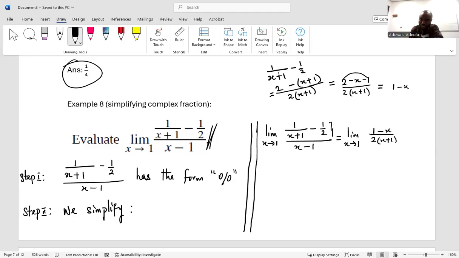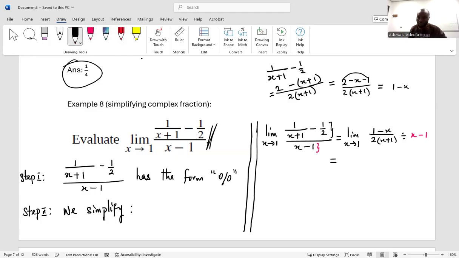That is for this part. Now, this is divided by x minus 1. Let me do something to help us differentiate that. This part is just x minus 1.